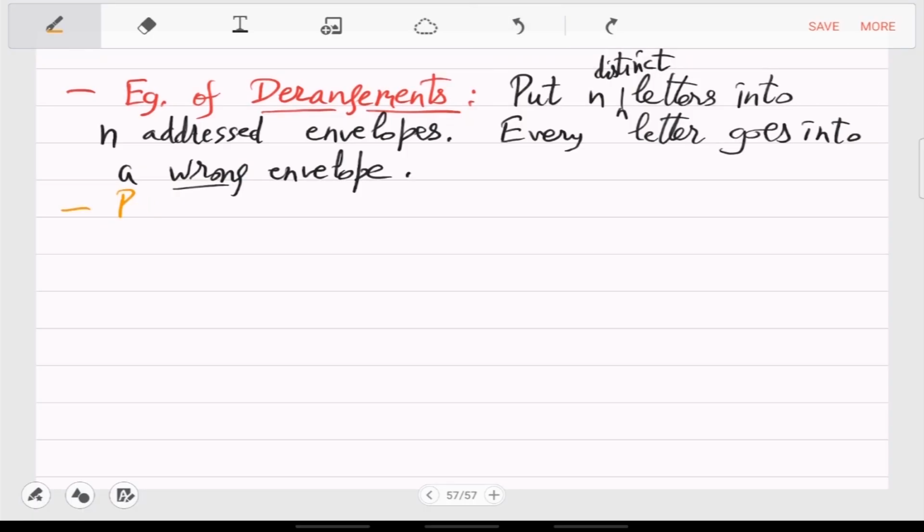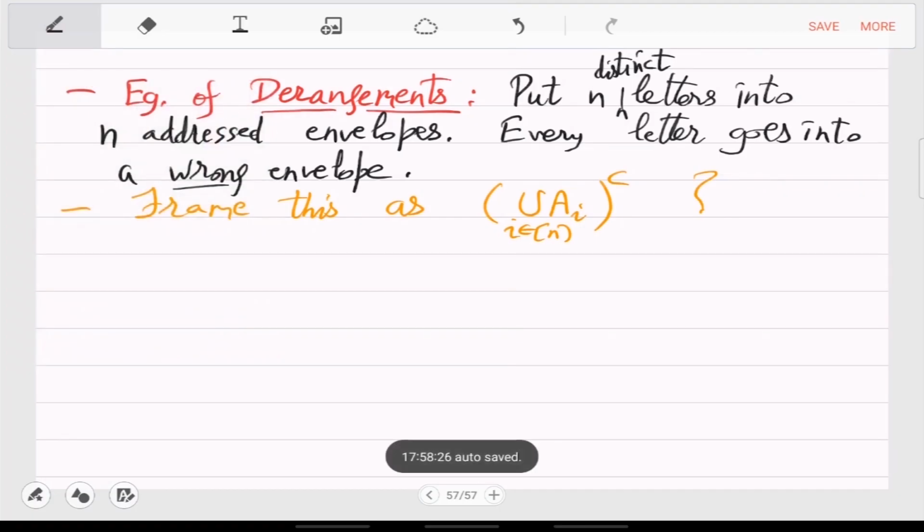So frame this as the complement of the union of the A_i. Right, so how do you frame this question? A_i is that the ith letter was correctly posted, right?